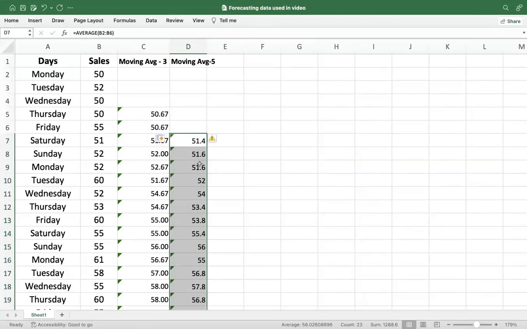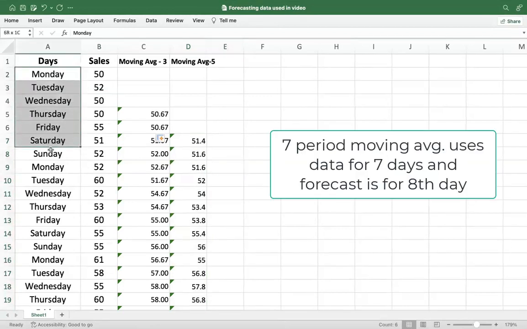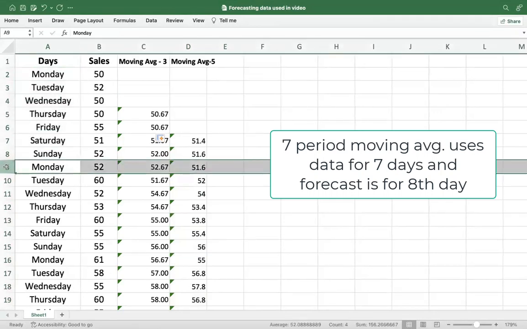So this is called a 5 moving average. In the same way, you can also do it for a 7-period moving average, which means in that case, we will be doing it for next Monday. So these will be 7 days, and the first forecast will be for Monday, and we will be using exactly the same approach. Now, how do we determine what we should use?